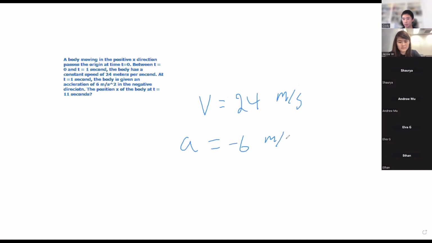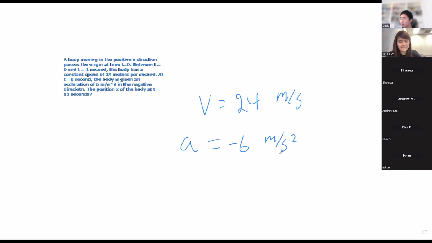Okay, I've seen a few of you put negative 36 in the chat, I think. Okay, I'll explain it now. So basically we're told that velocity is equal to 24 meters per second initially, right? And then acceleration is negative 6 meters per second squared.